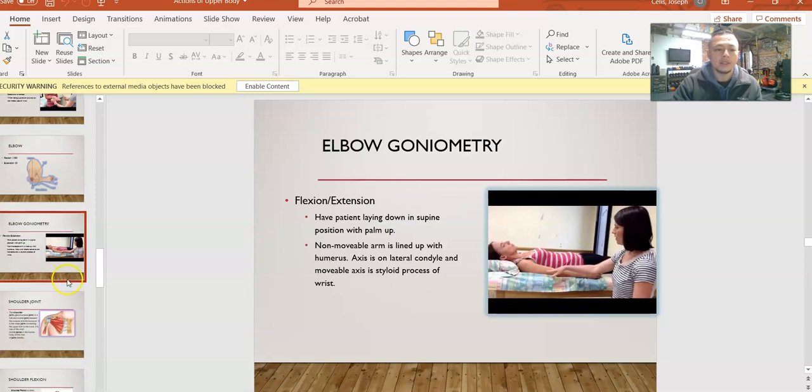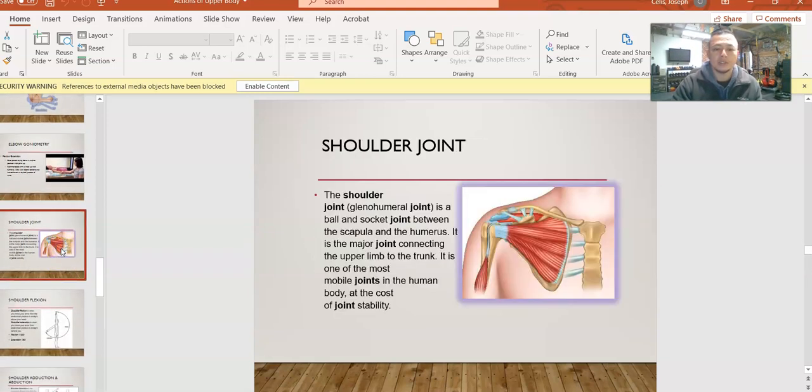Elbow goniometry here, instructions, and your shoulder joint. Okay, this shoulder joint is an amazing joint. It has extreme range of motion.